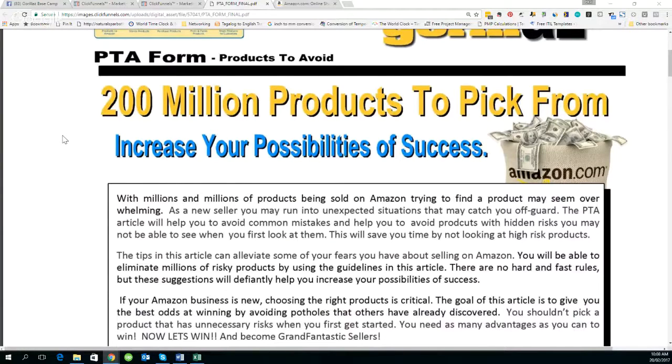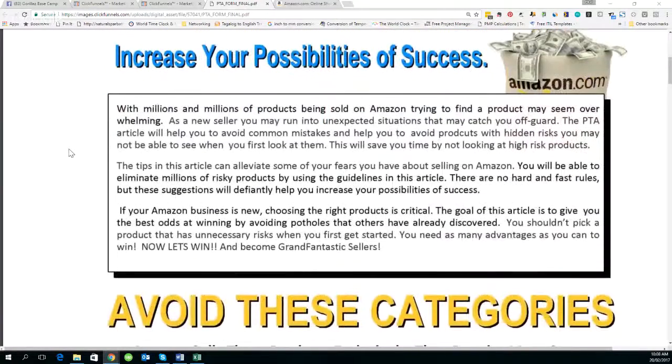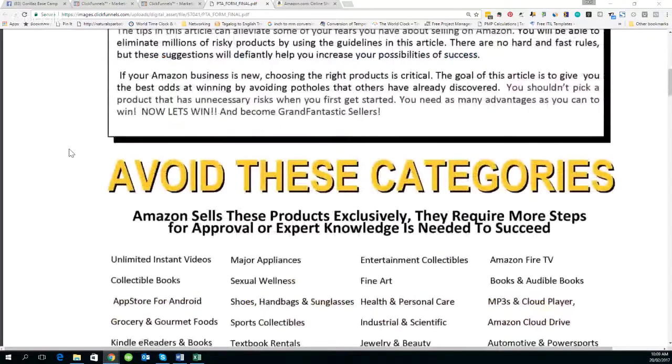So we're looking at going down the easy road with respect to trying to pick a product. And there's a few categories and a few products that you should certainly stay away from. This document we put together allows you to follow that. So if you're not sure on the category or the product, just have a quick look at this, and that's going to give you an idea whether that's good or something you should avoid to start with.